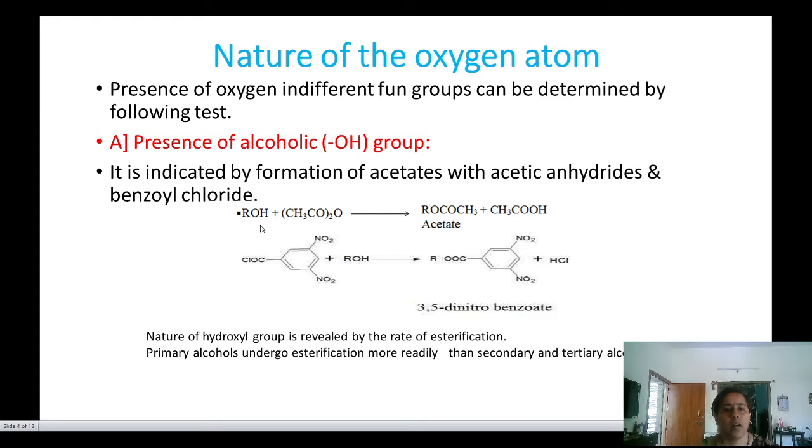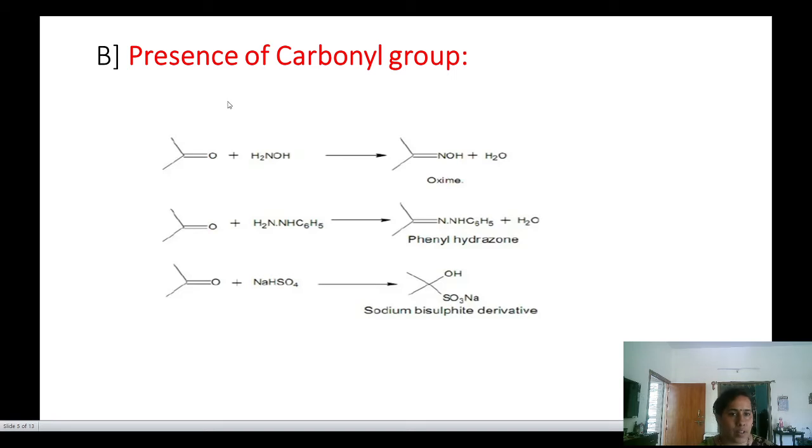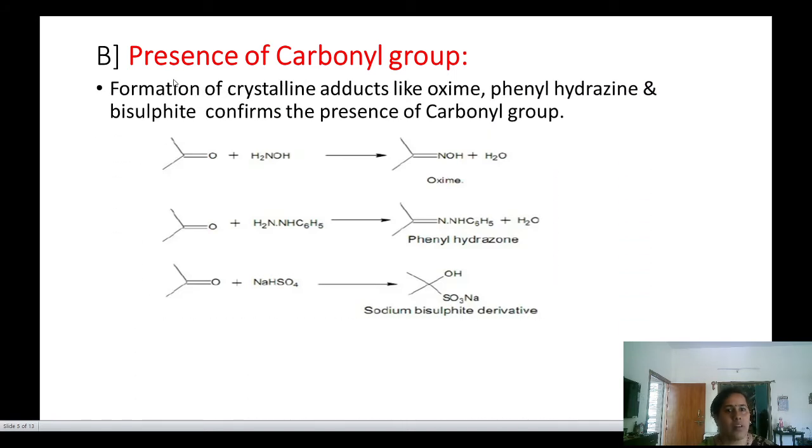Now, the next point is the presence of a carbonyl group. Here, by the formation of products, whether crystalline or not, one can determine the presence of a carbonyl group by using the formation of adducts such as oxime, phenylhydrazone and bisulfite derivative. If hydroxylamine reacts with a compound containing a carbonyl group, there is formation of an oxime.